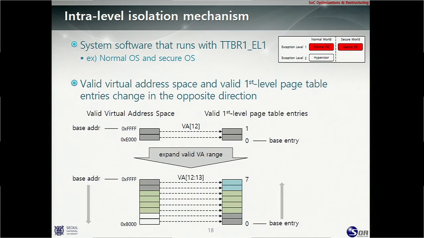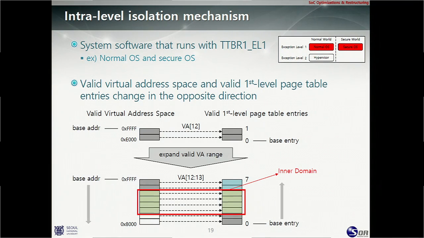To solve this problem, Hilps expands the valid virtual address space by 4 times. By doing so, Hilps can create extra virtual address space and first level page table entries, shown in green in this figure, that can be used for the inner domain because they don't conflict with the existing ones.